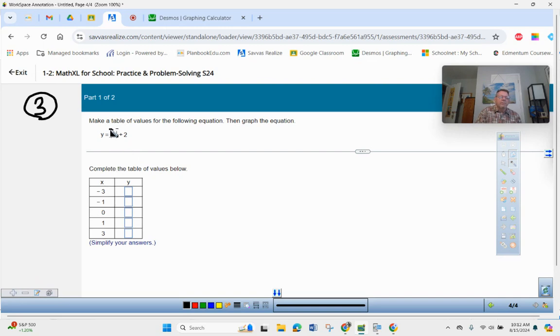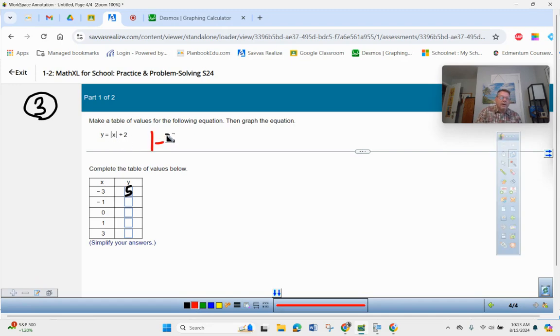So what do we got? If we got negative 3 right here, that's going to be the absolute value of negative 3, so 3 plus 2, which is 5. So we're going to put a 5 right there. Now, how about negative 1?